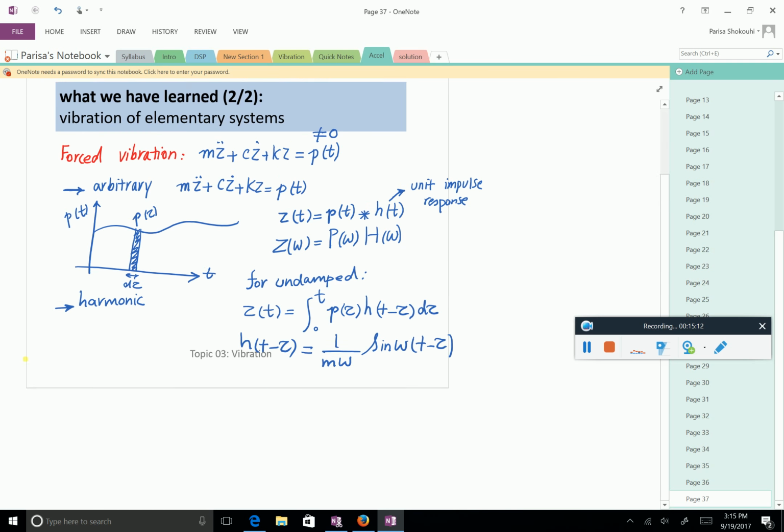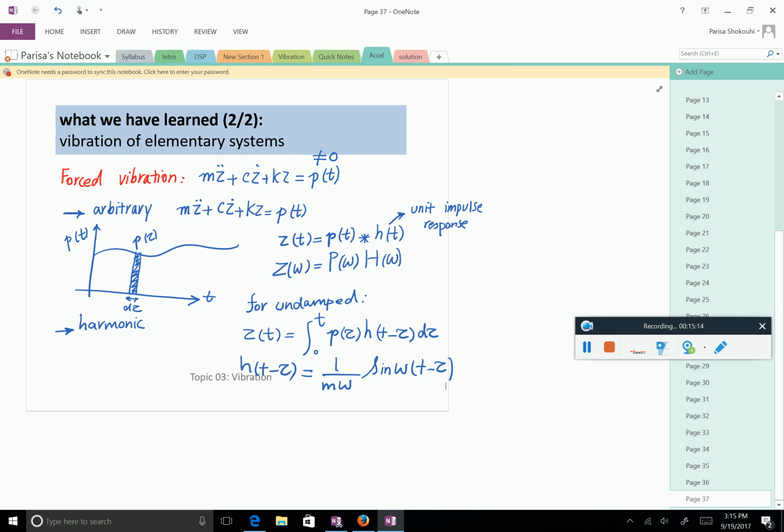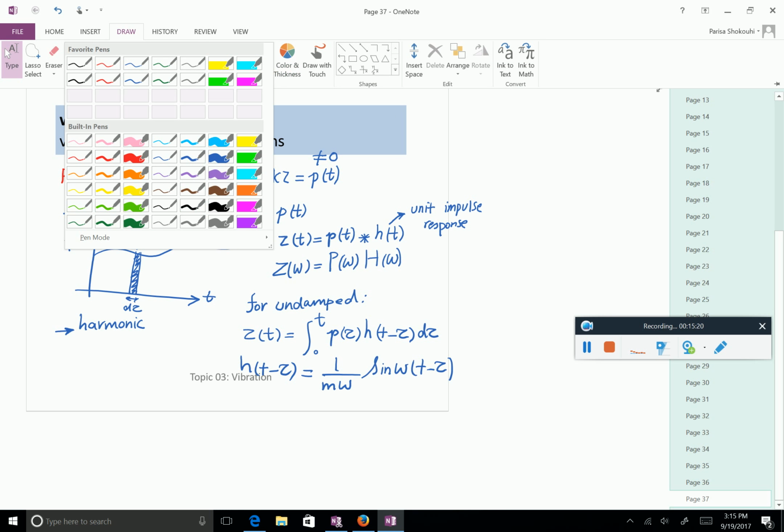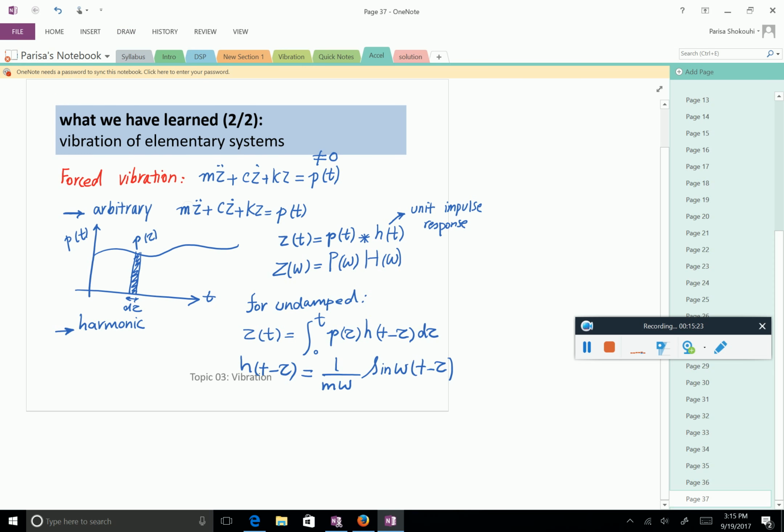Now, how about harmonic? That's what we have to understand completely if you want to understand the working of the accelerometer. So let's look at this a little bit less stressed and less rushed this time together.